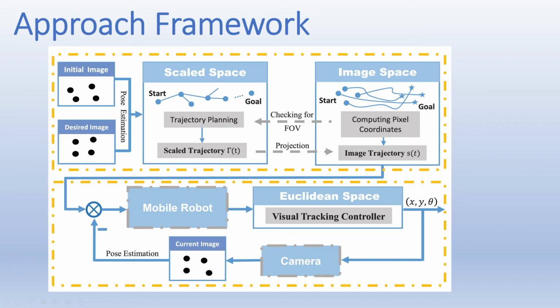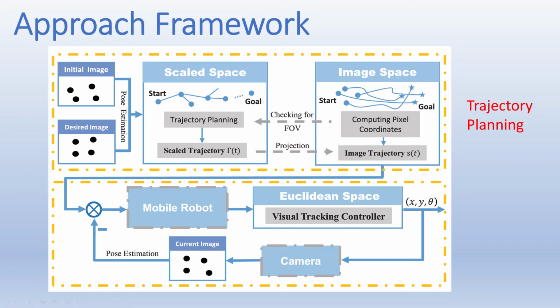After that, they get the projection to the image trajectories, which means that they will compute pixel coordinates in the meanwhile, and also they will check their camera field of view to make sure the feature point stays in the camera view for the whole process. This whole part we call the trajectory planning phase.